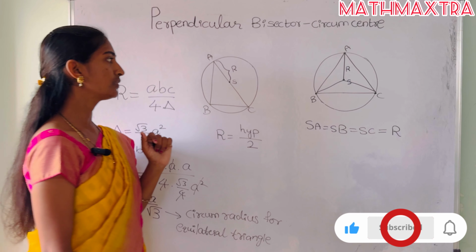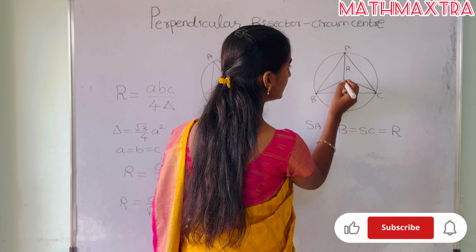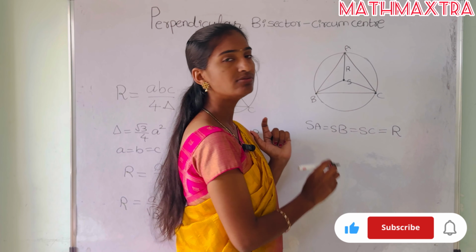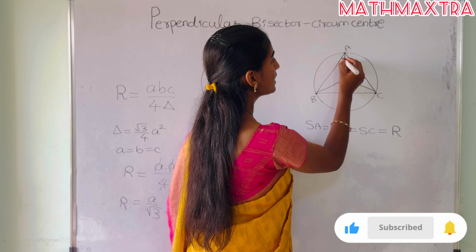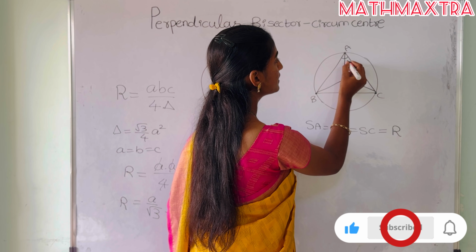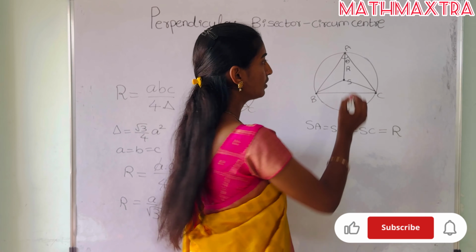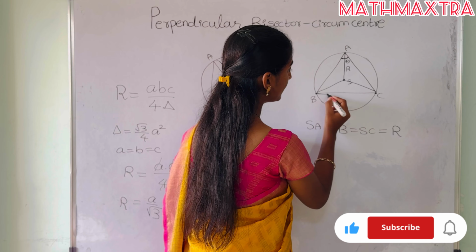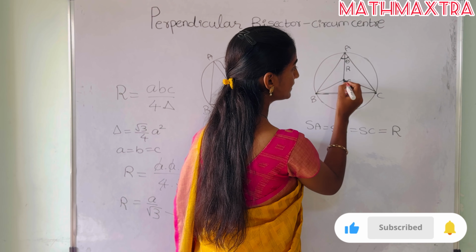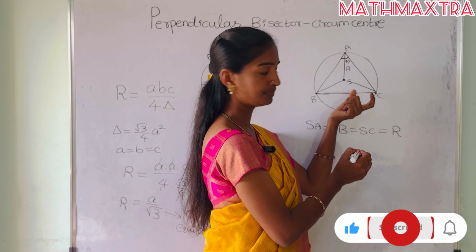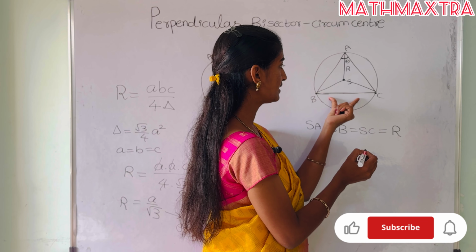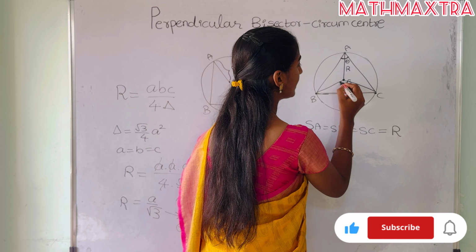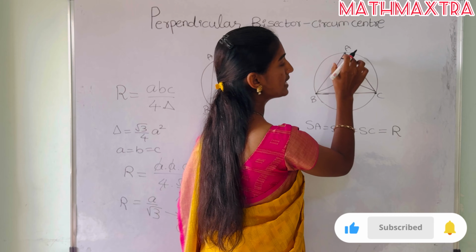See, this is the circumcenter of a triangle. We have one relation: if we consider this angle as theta, the angle subtended by this side at the circumcenter is always twice of this angle.